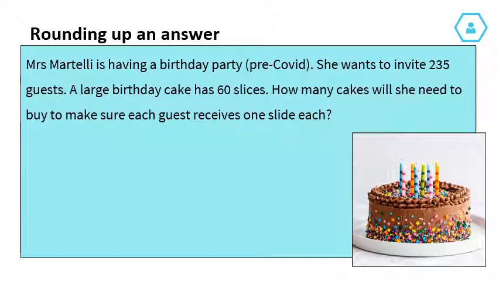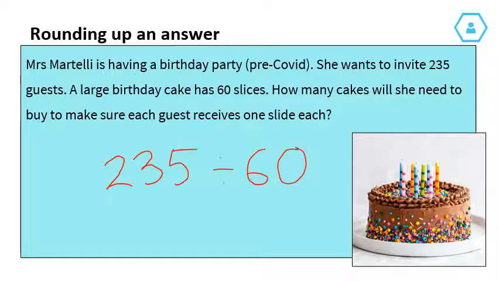So again, we could do that similar strategy of 60 plus 60 plus 60. The other thing we could do is 235 divided by 60. And you can just do this in your calculator if you like. 235 divided by 60.